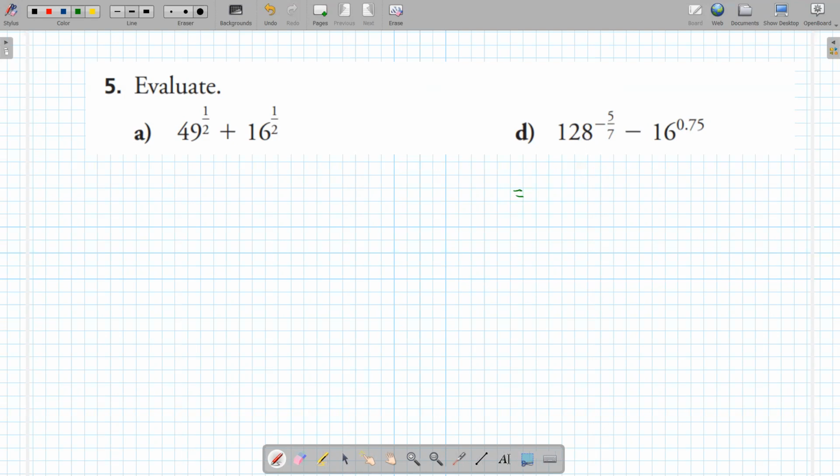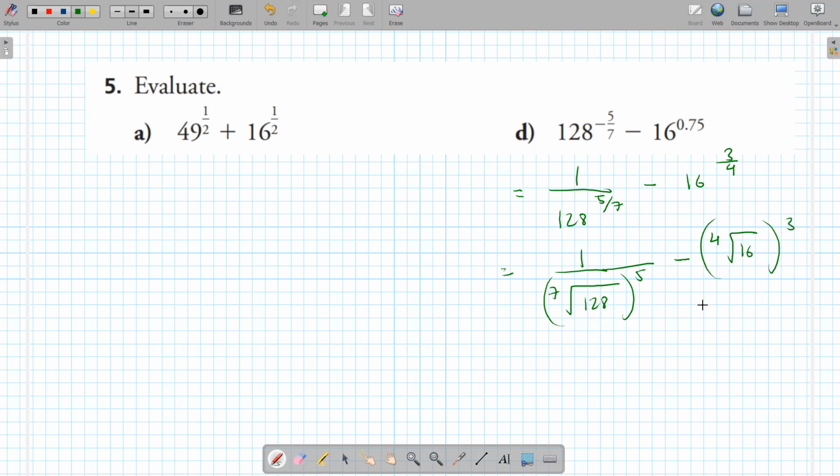We know this one is 1 over 128 to the power of 5 divided by 7, minus 16 to the power of 3 over 4. That means this guy is the 7th root of 128 to the power of 5. Same thing here. This guy is the 4th root of 16 power 3.